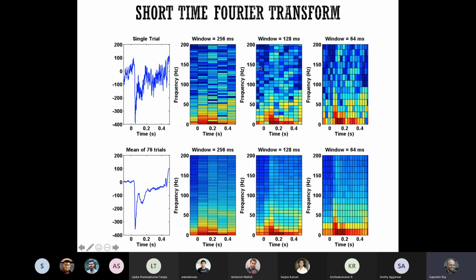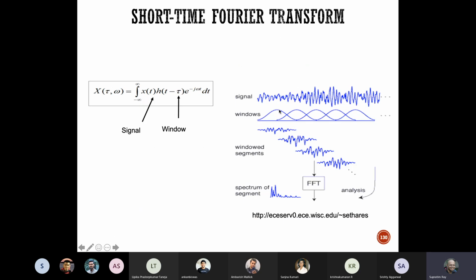What is different between this and that is the length of the window that I'm using for computing the Fourier transform. Here I have a long window, 256 milliseconds, so this window is stretched out in time. It's a longish window. And then I can make it shorter and shorter and so on.